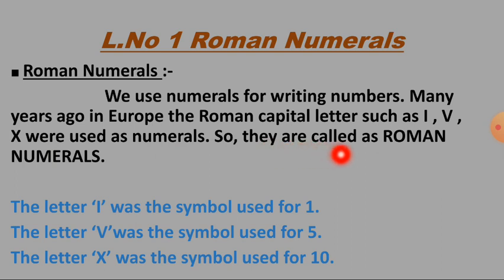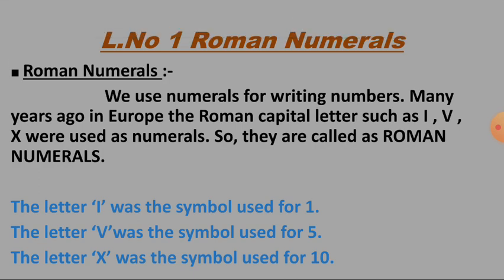So they are called Roman numerals. Next line, leave one line and write this. The letter I was the symbol used for 1. The letter V was the symbol used for 5. And the letter X was the symbol used for 10.